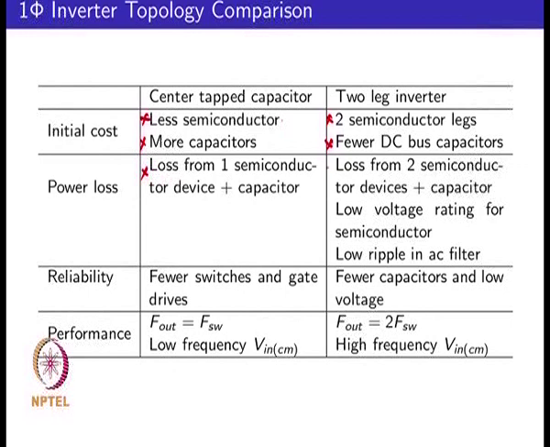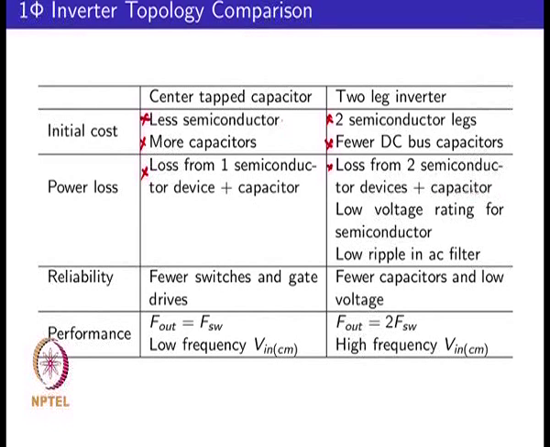Whereas, in the case of the 2-leg converter, you have the drops in 2 semiconductor devices and the capacitor. So you will have to look from an overall perspective at whether the losses would be more in one case or the other.